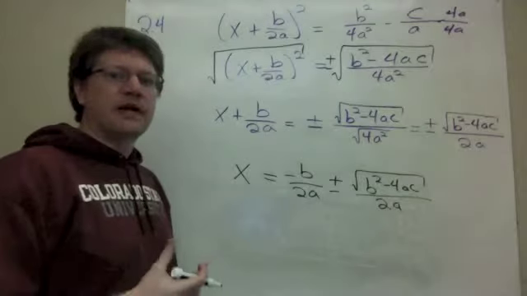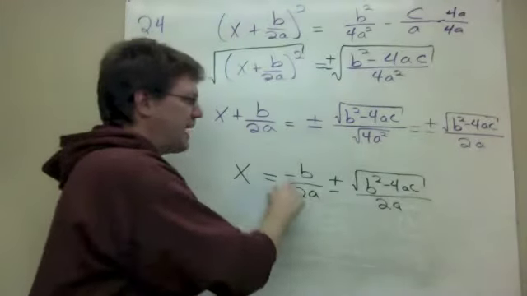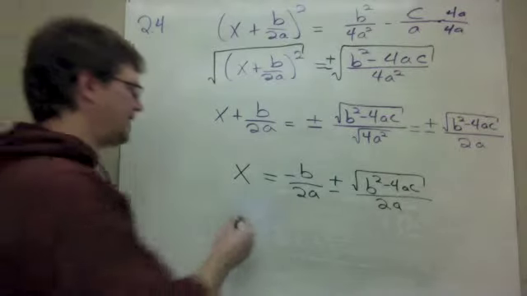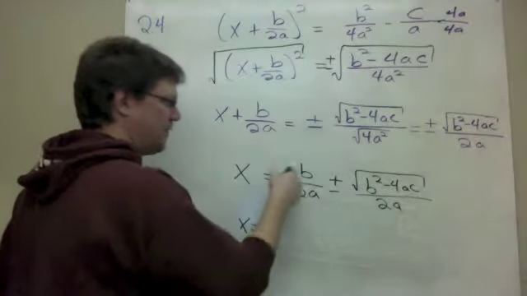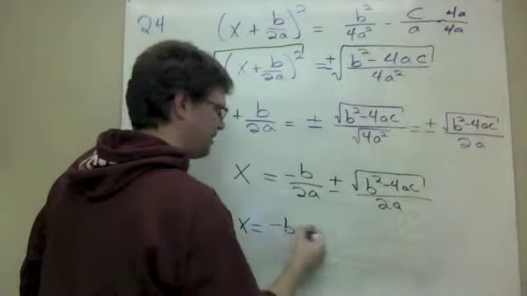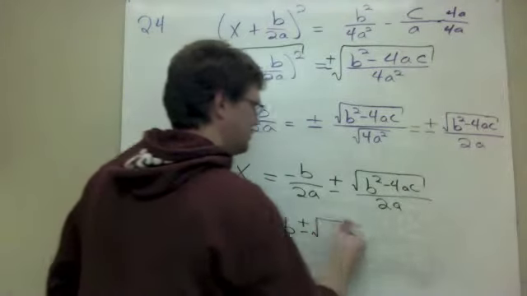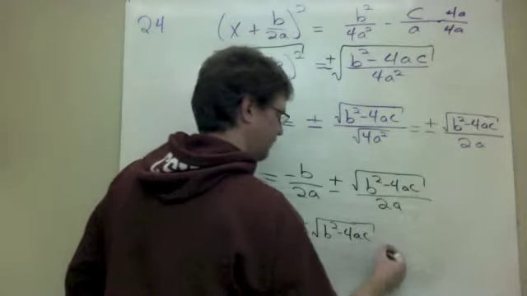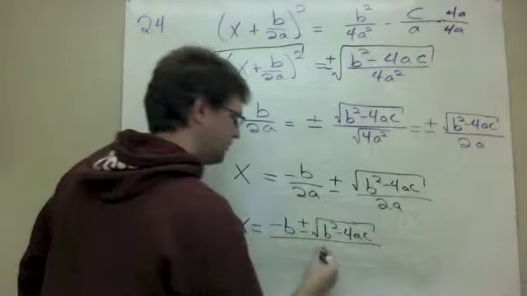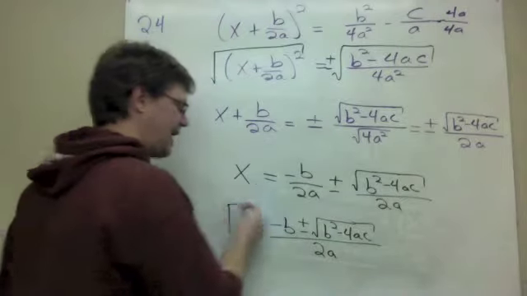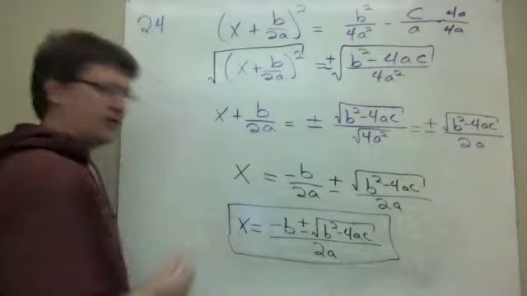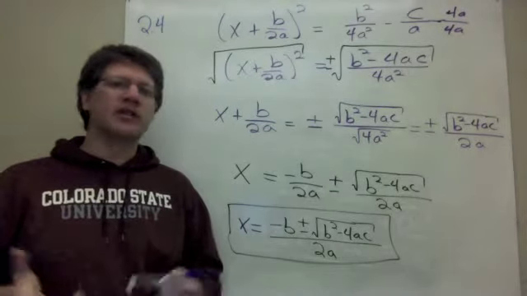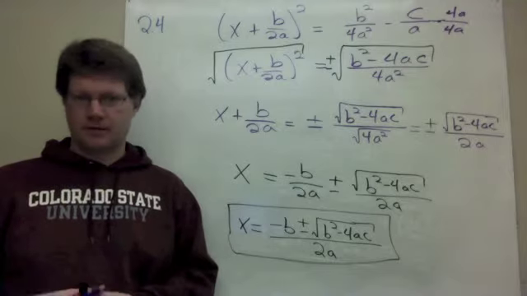Can this be simplified? Well, both of these fractions are over the same thing, 2 times a. So we can combine these fractions as x is equal to, the tops are minus b plus or minus the square root of b squared minus 4ac, and they're both over 2a. And that is our familiar quadratic equation. And we did it by completing the square for a generic quadratic.